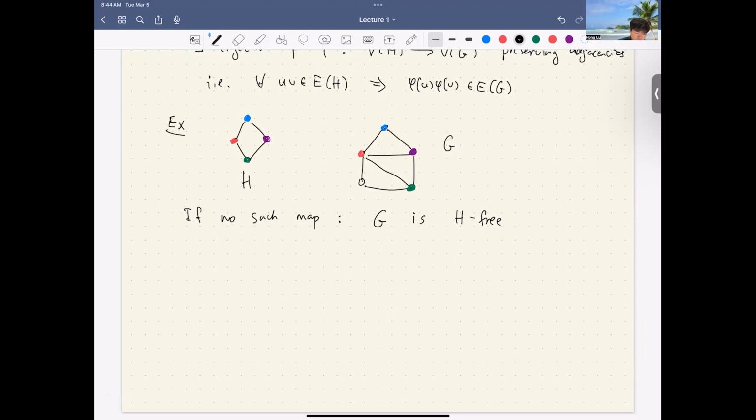So let's start with the first simple result about subgraph containment. We've introduced these paths, cycles, and complete graphs. Most of the problems in extremal graph theory look like the following. We find some sufficient condition that guarantees the appearance of a subgraph inside the host graph. Here's a very, very simple example.